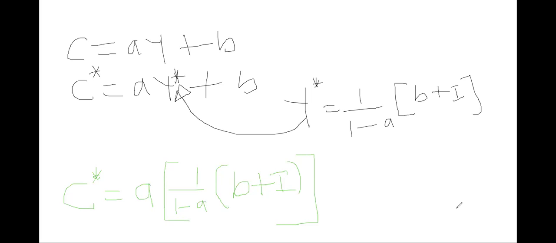Mr. Ture, about this consumption formula, I thought you said C equals AY plus B, right? Yes, that's true. And Y equals 1 over (1 minus A) times (B plus I). So shouldn't there be a plus B in the equilibrium consumption?